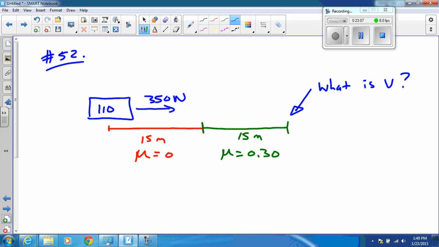Okay. Great. So this is a diagram that expresses the problem as stated. And so, Joseph, what did you do with it? Well, first of all, because I'm trying to get the final speed, I did the net work and the change of kinetic energy, so kinetic final minus kinetic initial.